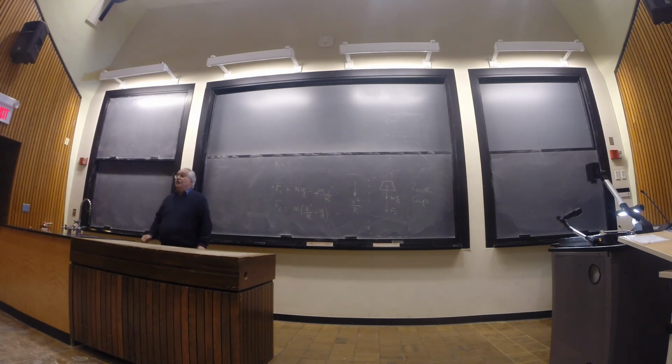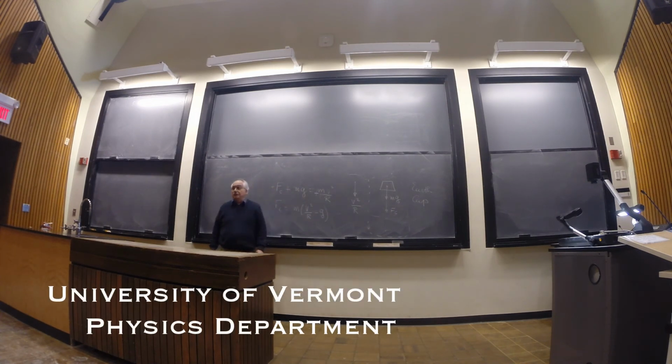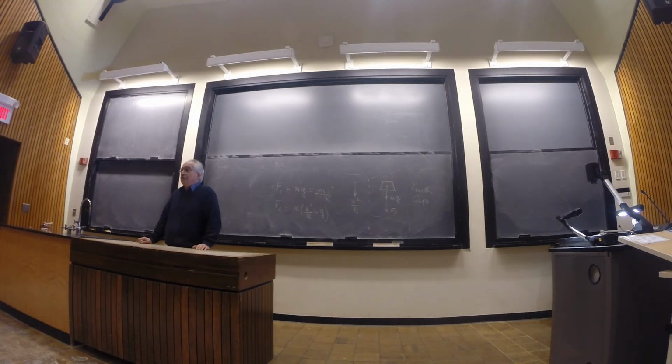What happens when F sub c is equal to 0? That is, I spin this so that this term here is 0. The water will fall and I'll get drenched. So the idea is to spin this thing fast enough so that you don't get drenched. Okay?